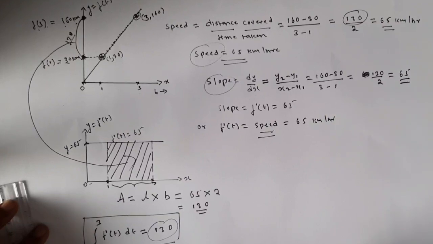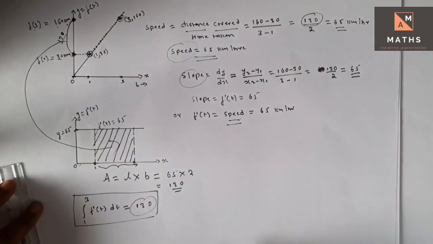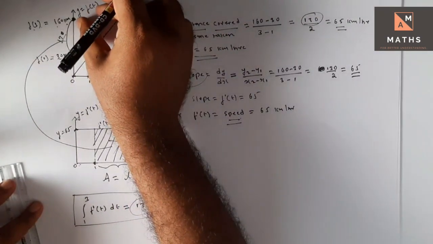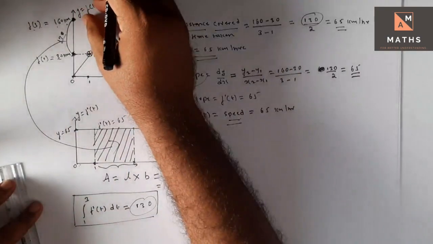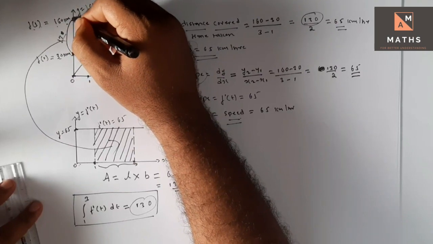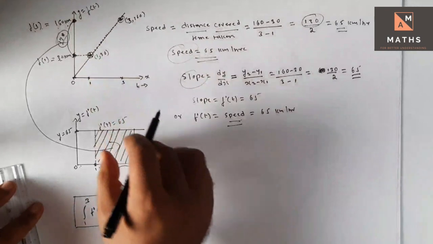So it means integration is the reverse process of differentiation. If you know the original function, then instead of finding the area like this, in this original function, if you just substitute the final position value and initial position value and subtract, then also you will get the area under the curve.